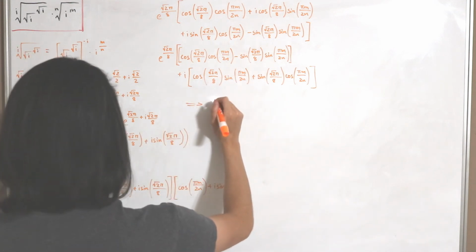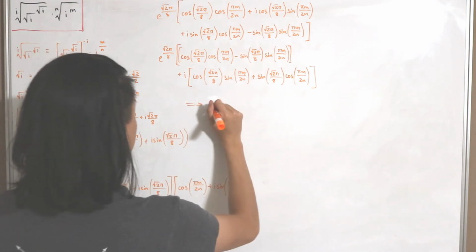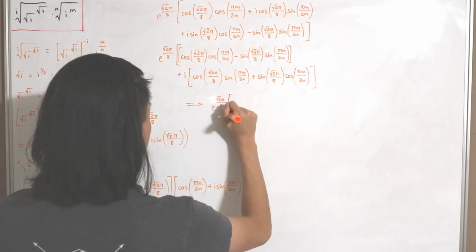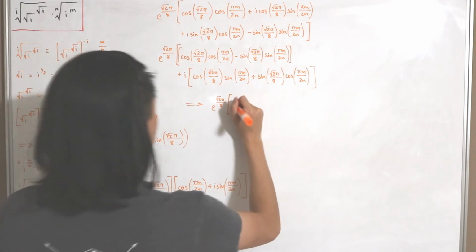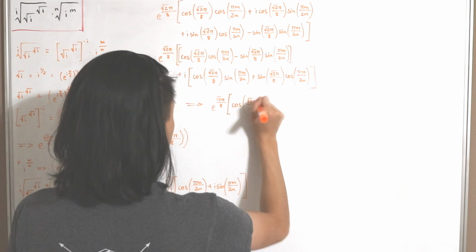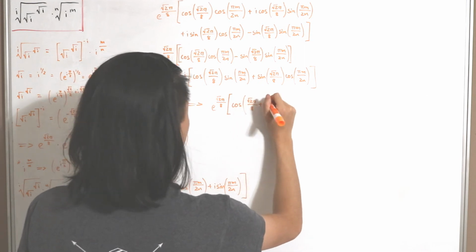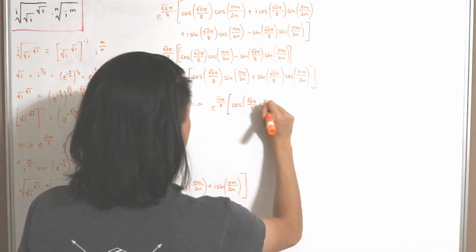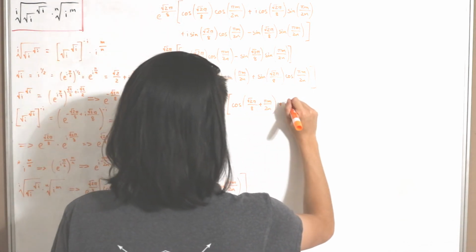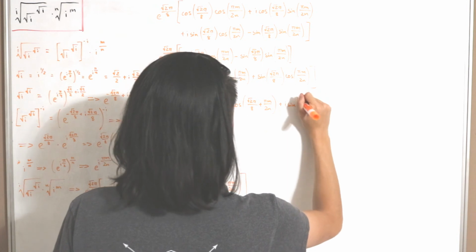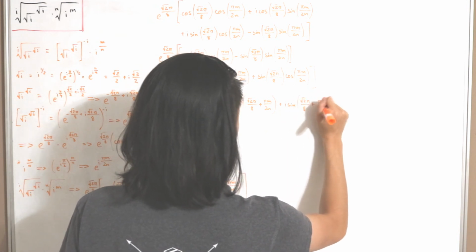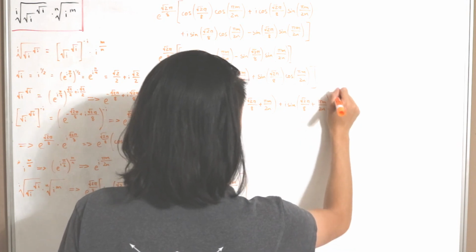So our final answer is e to the square root of 2 pi divided by 8, times cosine of square root of 2 pi divided by 8 plus pi m divided by 2n, plus the imaginary unit multiplied with sine of square root of 2 pi divided by 8 plus pi m over 2n, like so.